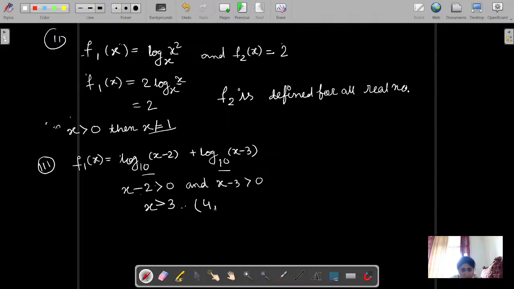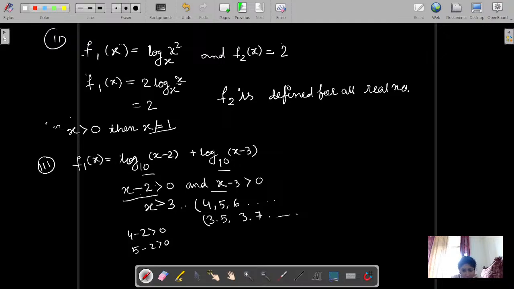Suppose 4, 5, 6, integers, or you can take 3.5, 3.7, something like this also. When you put these values in place of x minus 2, you will get greater than 0, right? Like 4 minus 2, 5 minus 2, these are all greater than 0.